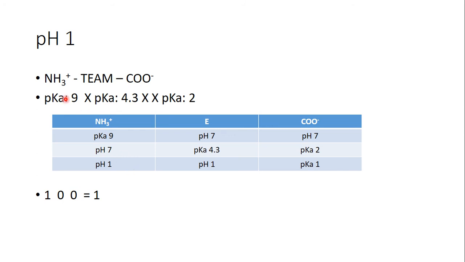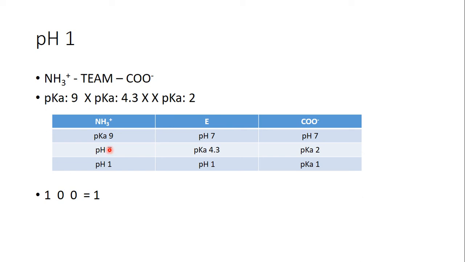So NH3 has a pKa of 9, so that's above pH 7, and then a pH of 1. What I always do is I start from pH 7 because that's kind of like our home base. We should always know what the charge of our functional groups or amino acids are at pH 7 because that's how we learn them.